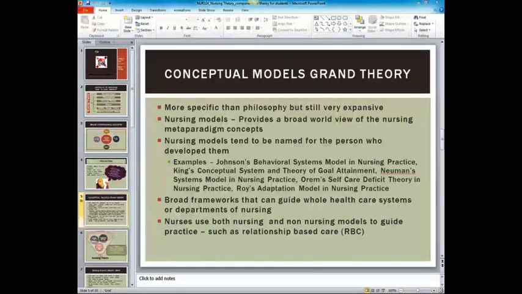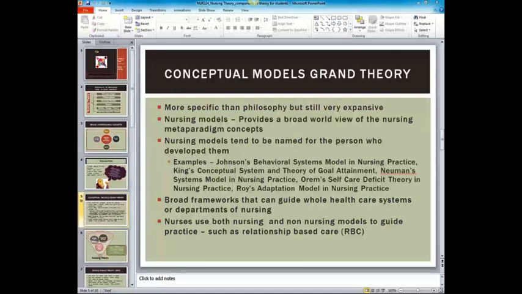So again, it is just to show you that things go from broad to very much more concrete, and that while there is that wiggle room in this course, we're going to try to stay focused within our weeks of study. Okay, lastly, conceptual models are broad frameworks that guide either a whole healthcare system or departments of nursing, and you all are going to be doing an assignment on that, and we'll talk more about that as it gets closer.